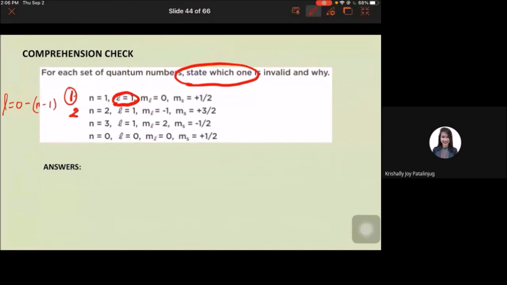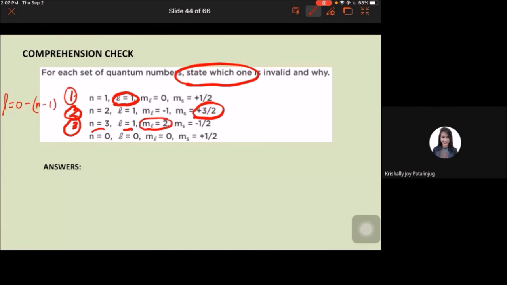Number 2, as you can see, is very obvious. Is there a spin value of positive 3 halves? The values are only halves, 1 half. Third, if n is 3, L can be 1. But the m sub L of 2 is questionable.